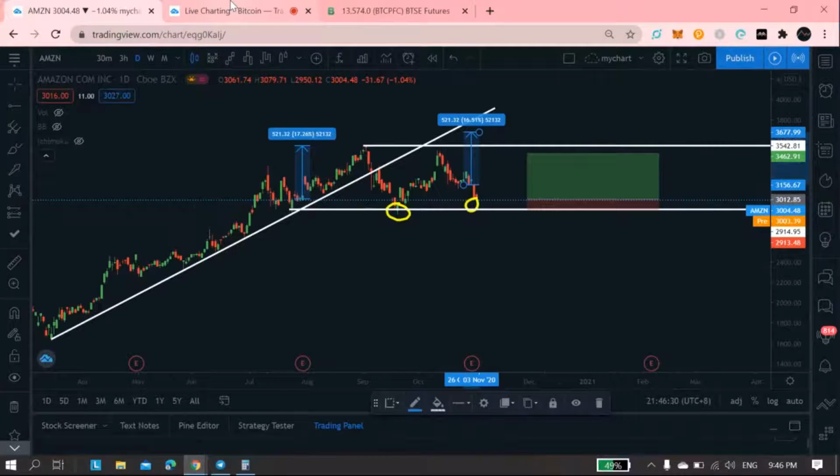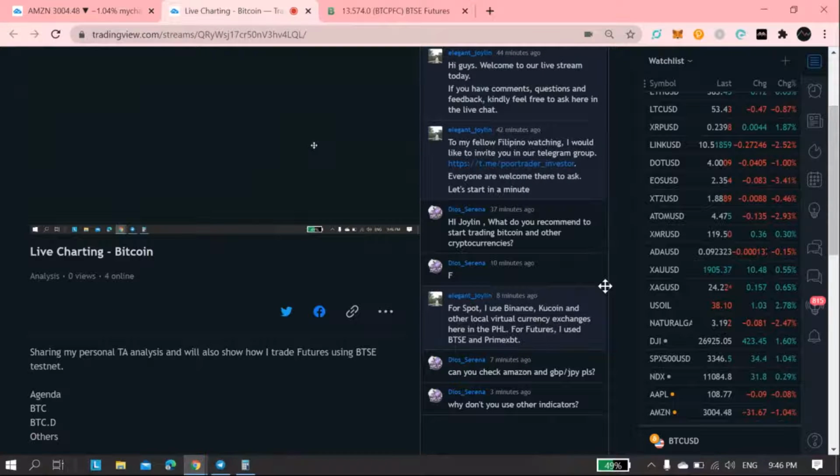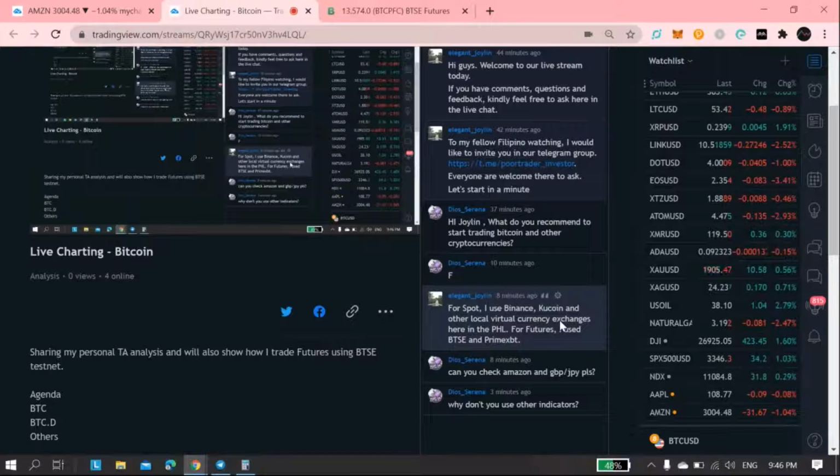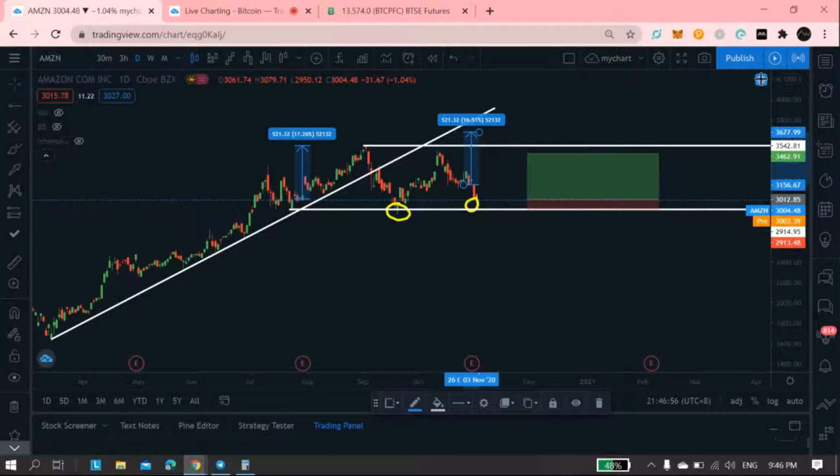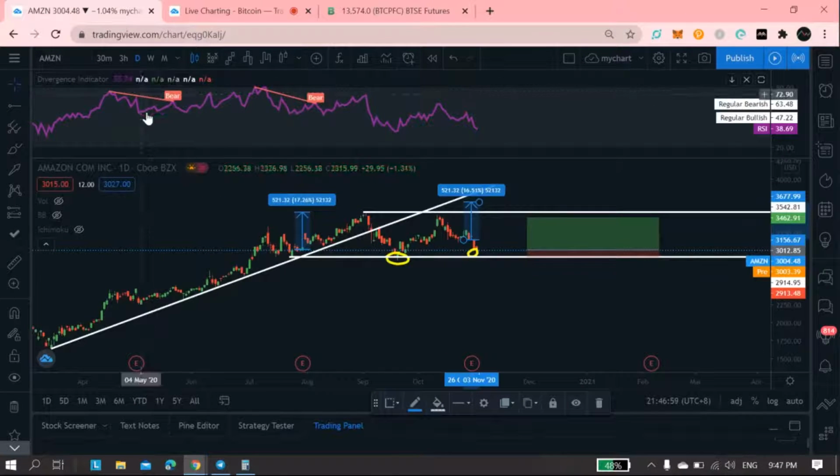I think it's Forex. I don't use ad. Actually, it depends on the trader, because if it fits you and it's making you profit, I think it's just fine. Because this one, I normally use RSI, but this divergence indicator, I just recently used this one. I think same with the Renko chart.